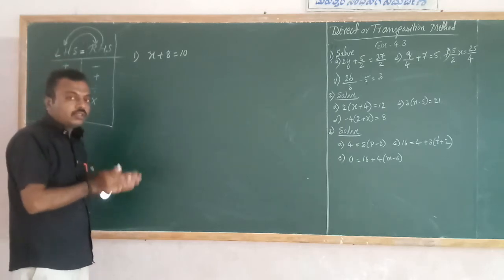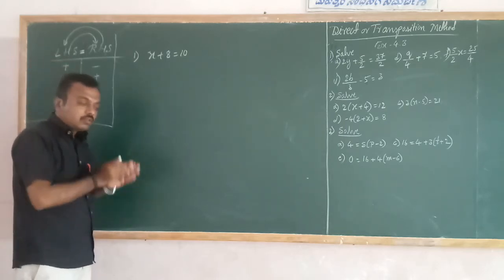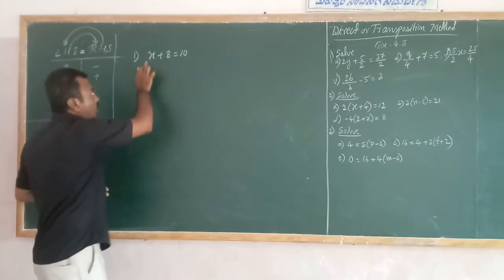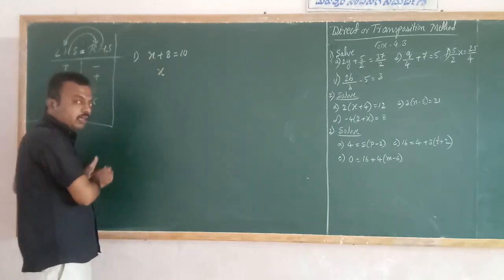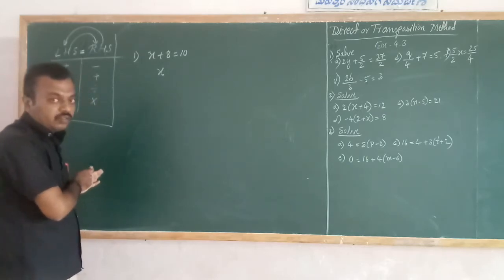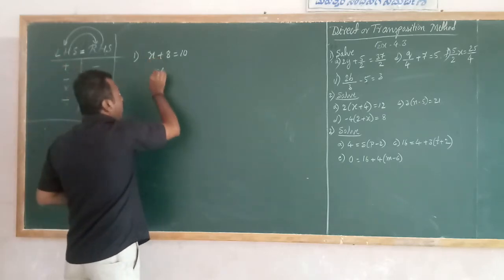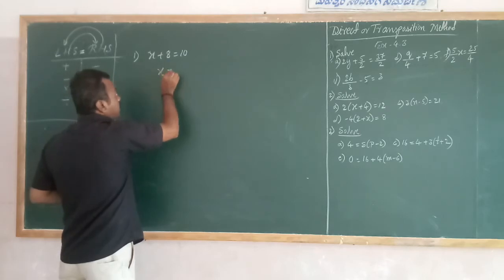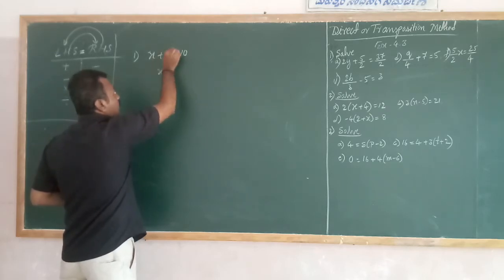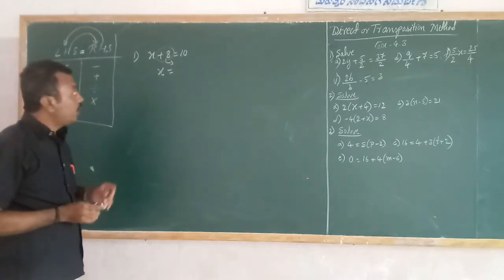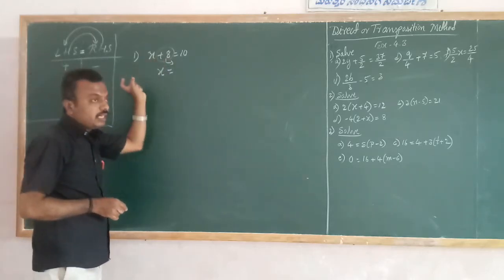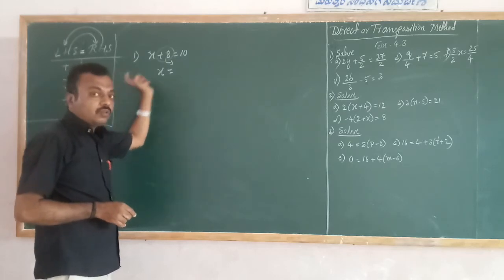So we keep the variable term on one side, the LHS, and write the constant term on the other side. I will write x in the LHS, and is equal to. I will send 8 to the RHS. 8 has a plus sign, so I send plus 8 from LHS to RHS.